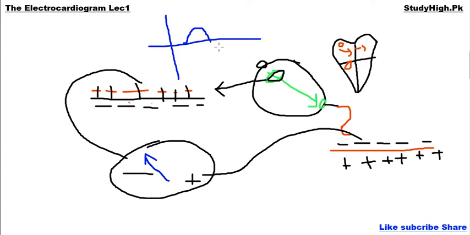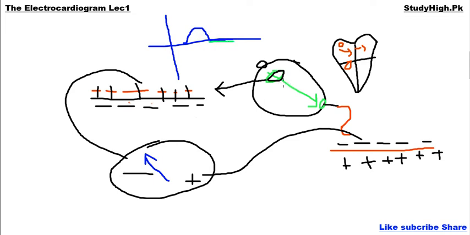We obtain this curve. Soon it reaches zero potential when all cardiac muscles are in depolarized form. The atrial muscles remain depolarized for approximately 0.15 to 0.16 second.